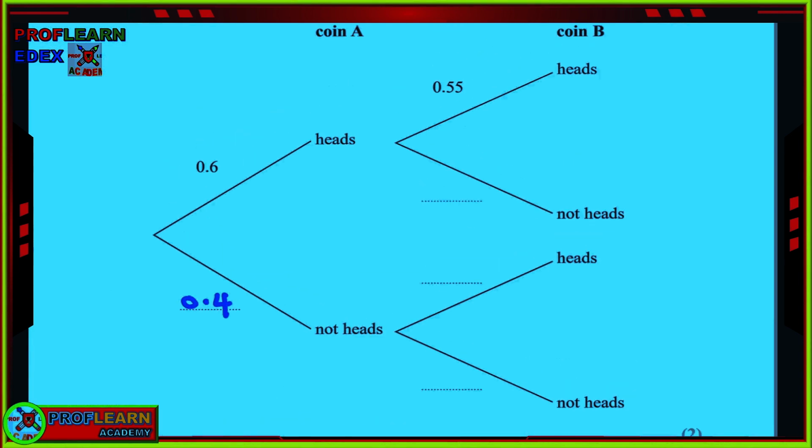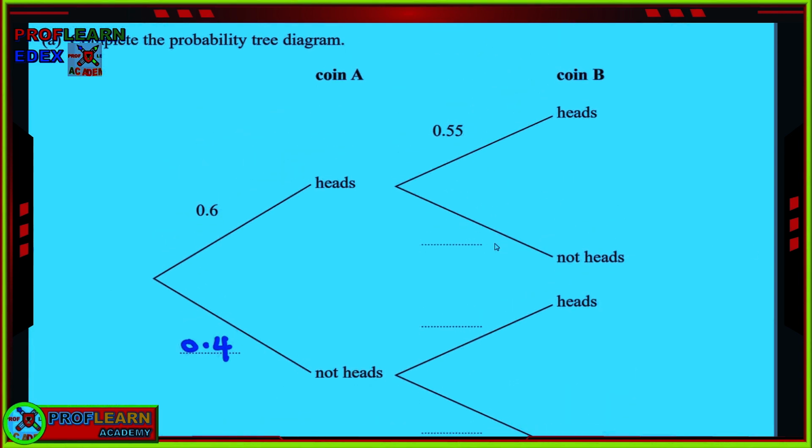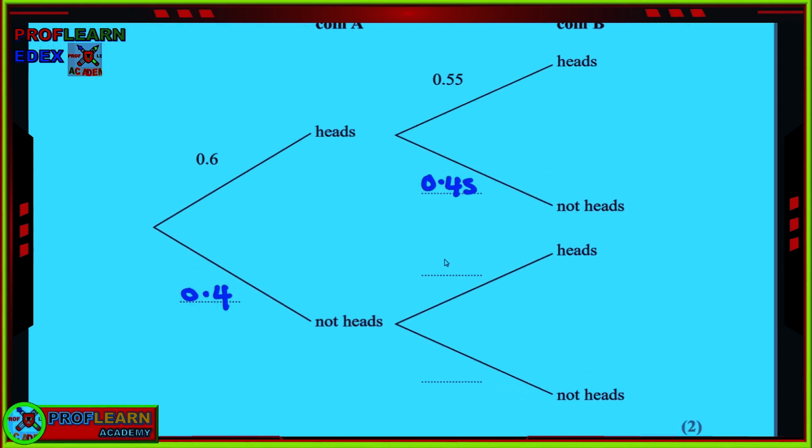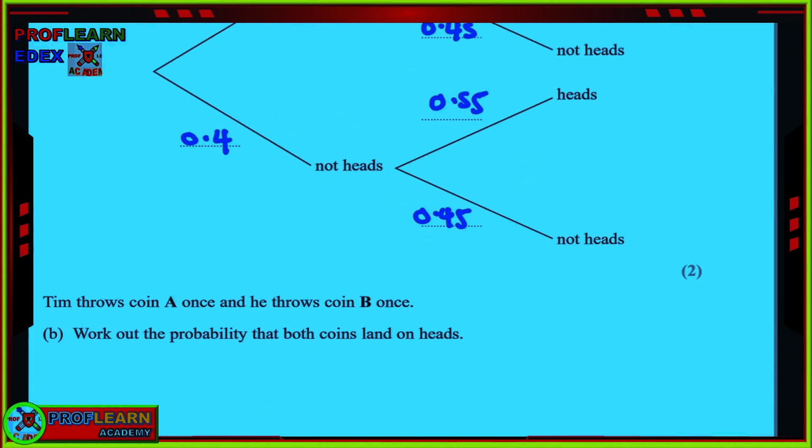And the probability that it lands on not heads here will be 0.45. Lands on heads here, it will be 0.55, and then this is going to be 0.45. So you need to know how to fill those kinds of probabilities.